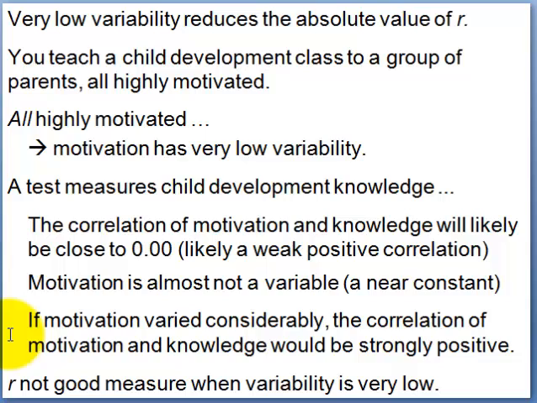But the gist of this is that when you have very restricted or compressed variability on one or both of your variables, that compressed variability pushes the value of r towards zero. And in essence, you get a result that seems to suggest that the relationship is quite weak, and indeed the relationship is very weak in your sample.